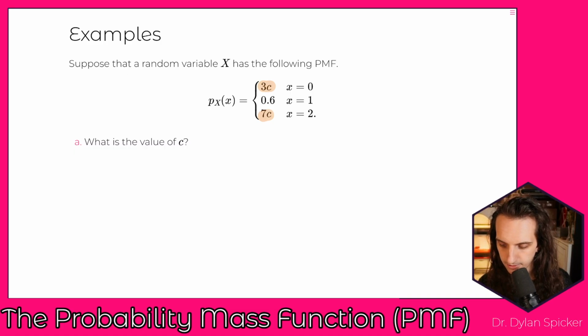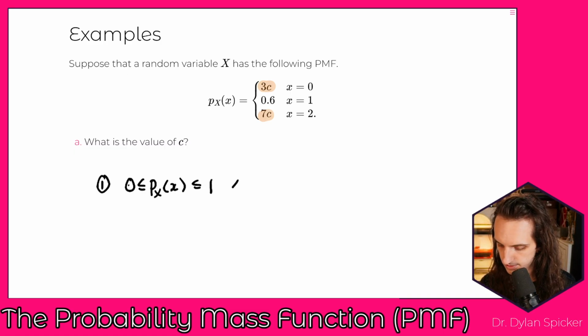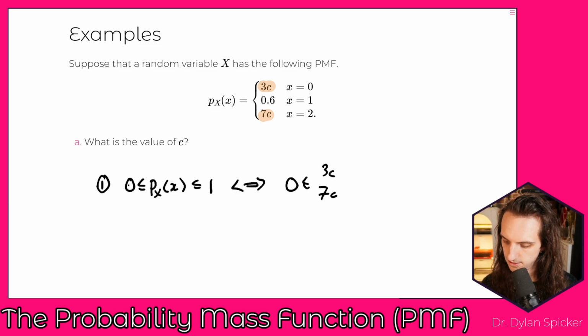If we're thinking about what we know about PMFs, the first thing we know is that the PMFs have to fit between 0 and 1. So 0 has to be less than or equal to both 3c and 7c, and those both have to be less than or equal to 1. Working from 3c and dividing both sides by 3, 0 has to be less than or equal to c, which is less than or equal to 1/3.